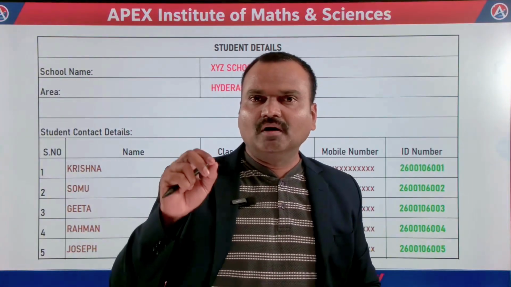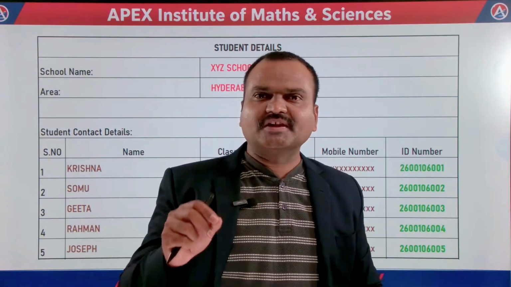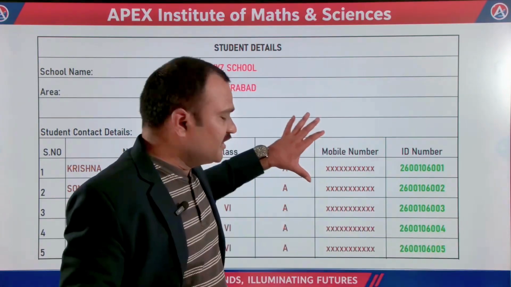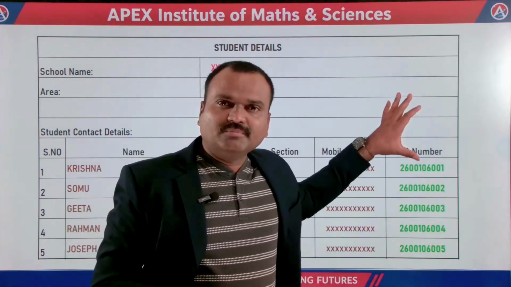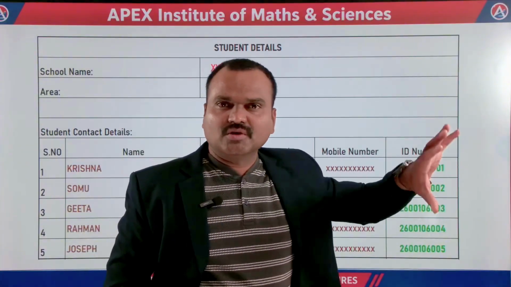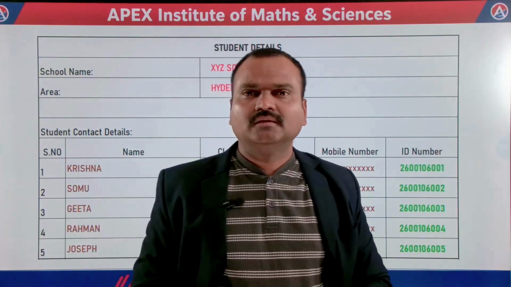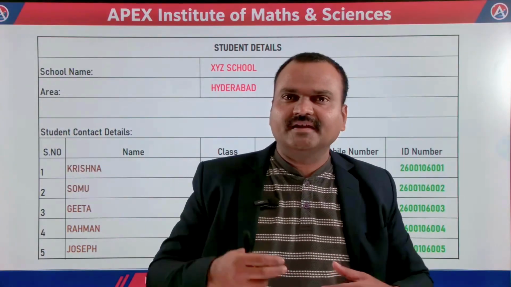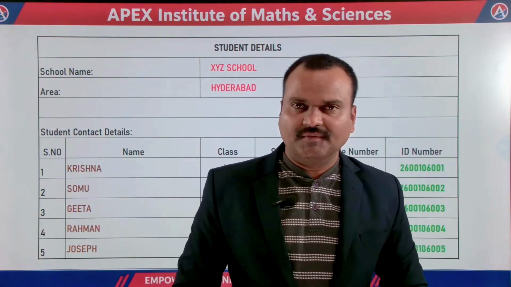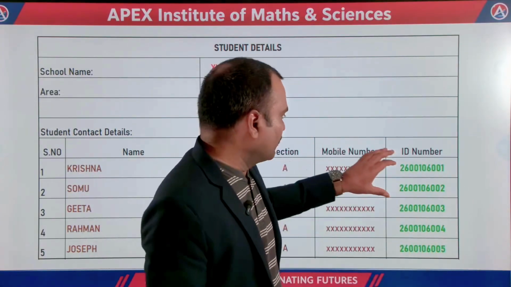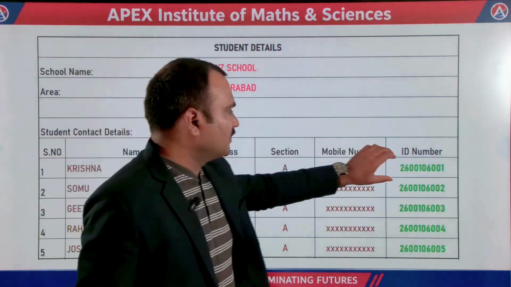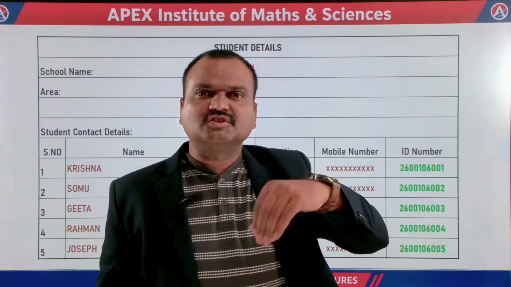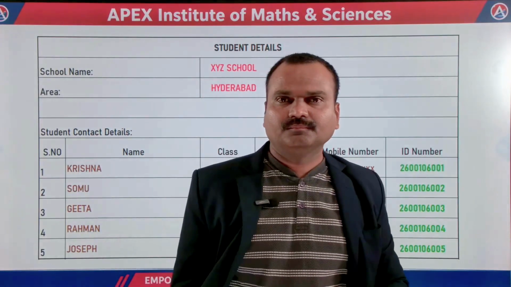It should not be altered or exchanged among the students, because we are sending this data to you, and the same data is going to be stored in our software also, in the exam cell. Based on this data, the OMR sheets are going to be corrected and the results analysis is going to be given. For example, for this first student, this number is given. Unfortunately, in our school, this is exchanged to some other student.